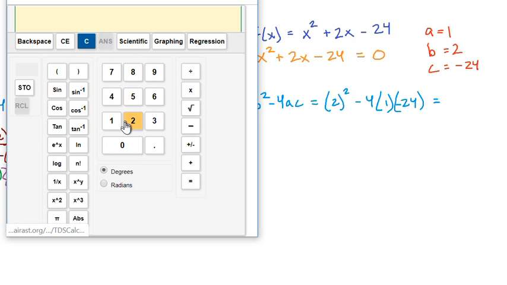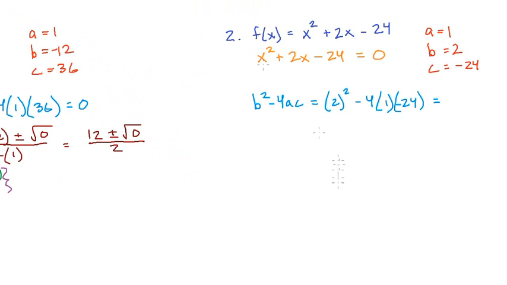So now I've got 2 squared minus 4 times 1 times negative 24. Press equal, and there we go. We have 100. So our discriminant is 100.